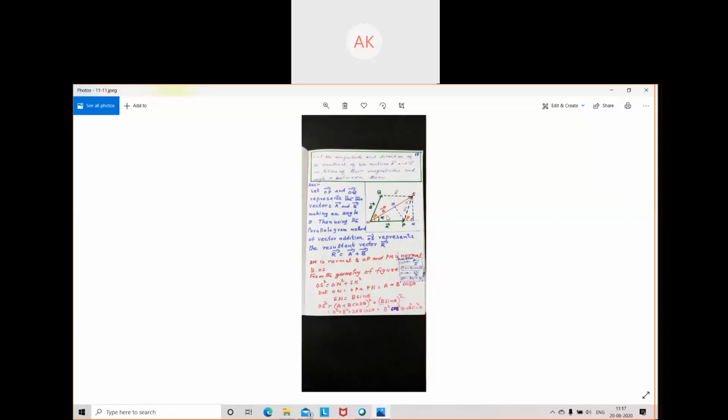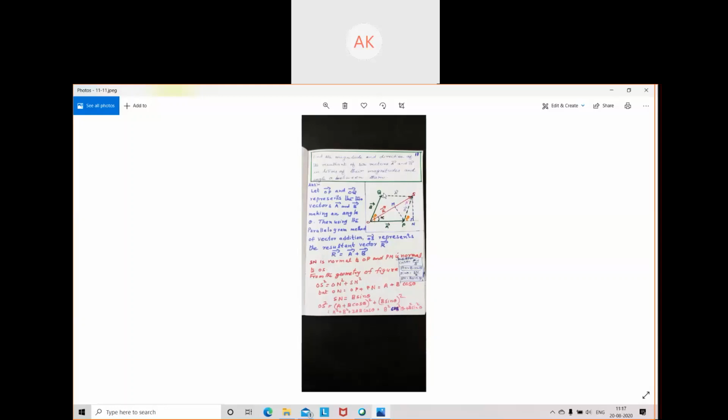So you can use either the triangle law of vector addition or the parallelogram law of vector addition. If two vectors are given, first check whether it is possible to represent them as the sides of a triangle in the same order. If it is not possible, then try whether it is possible to represent them as adjacent sides of a parallelogram.